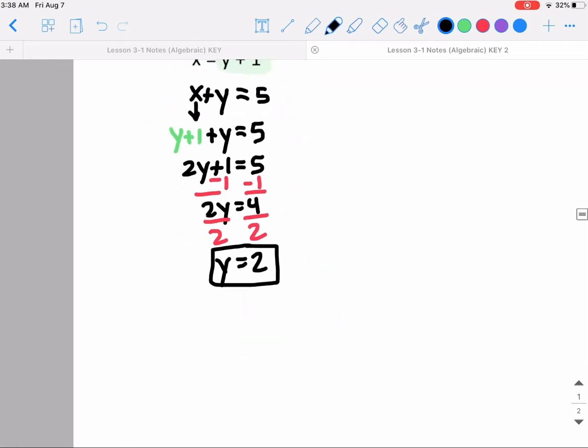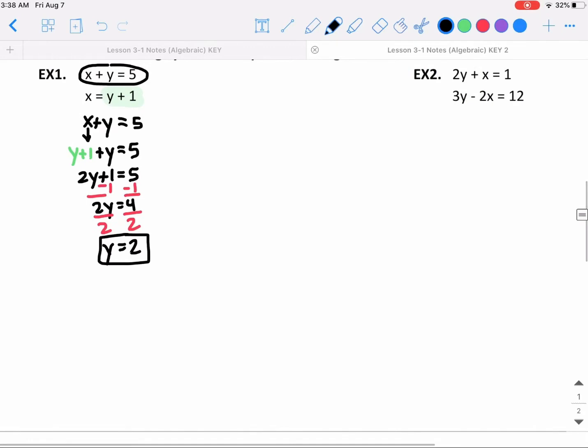Now, I'm not done yet because for me to find the solution, I need to know x and I need to know y. I need to know a point. And right now I just have the y value. What I'm going to do is pick whichever equation I want. I think this one's easiest, and I'm going to plug in y is equal to 2.